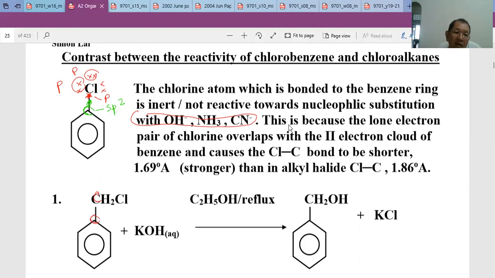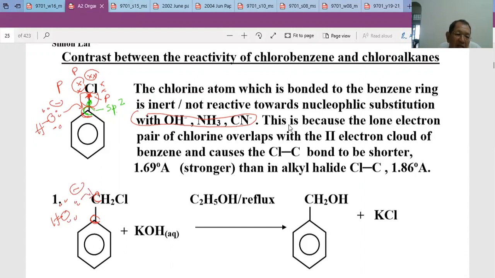Right? Now in this case here, now this carbon here and this carbon here. For chlorobenzene, the OH minus here, if it were to attack here, will attack this carbon and break this bond here. Right? But if now the OH minus here will attack, it will attack this carbon.